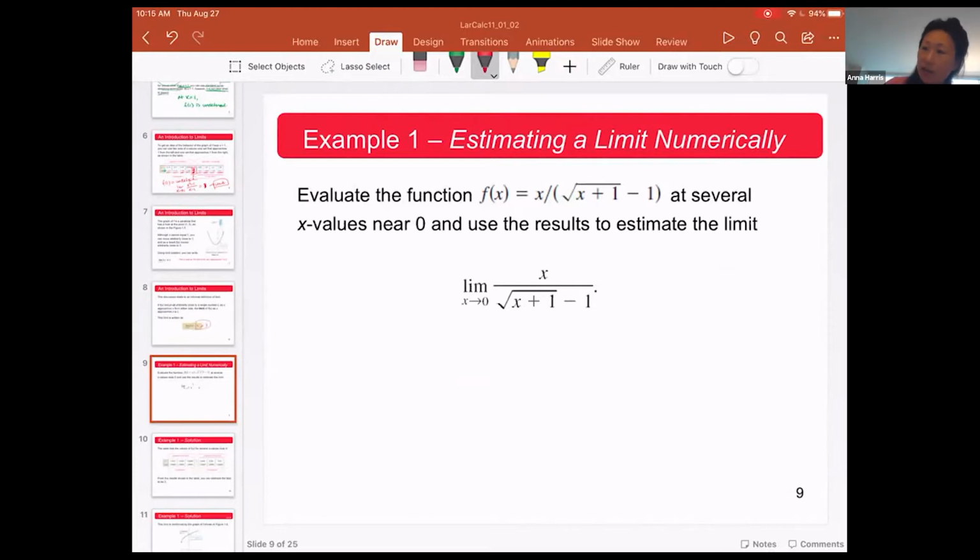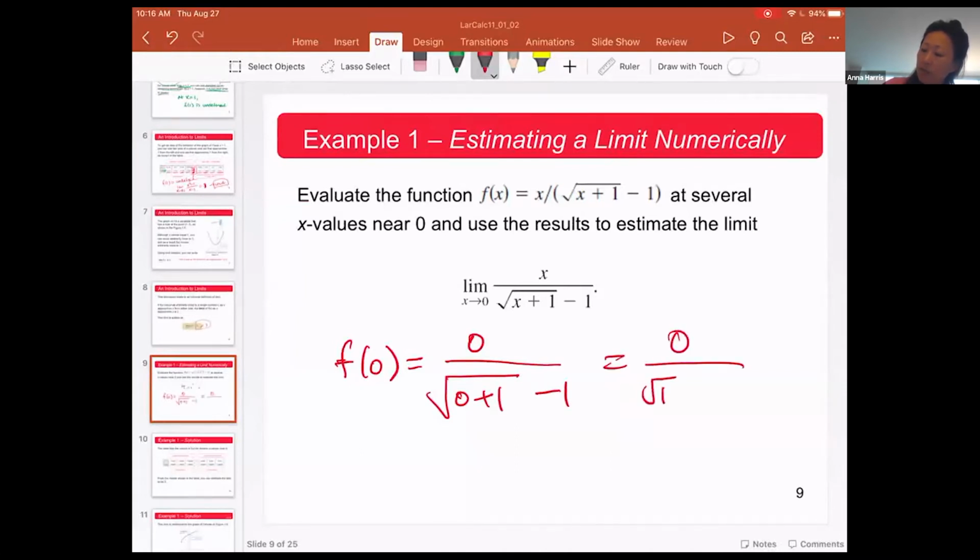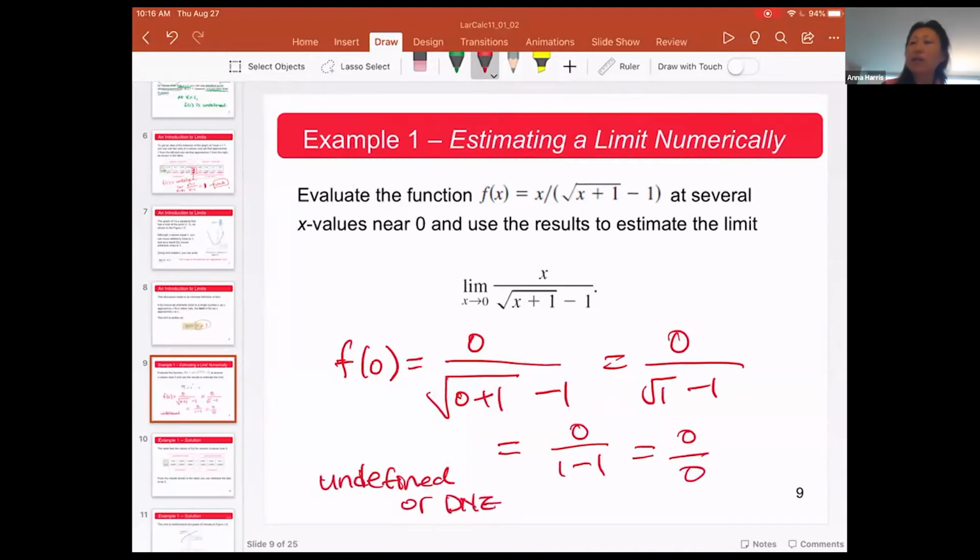If I plug in f of 0, what happens? 0 over square root of 0 plus 1 minus 1, which gives you 0 over square root of 1 minus 1, which is 0 over 1 minus 1, which is 0 over 0 again. So it is undefined, or I can say does not exist.